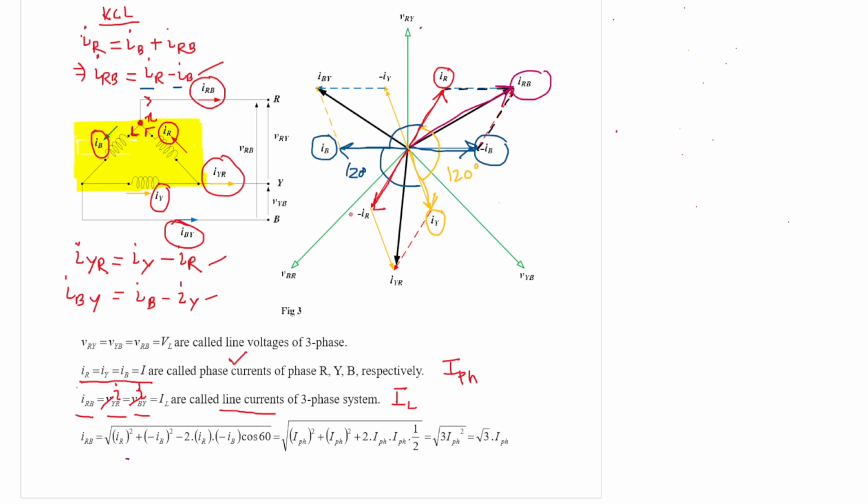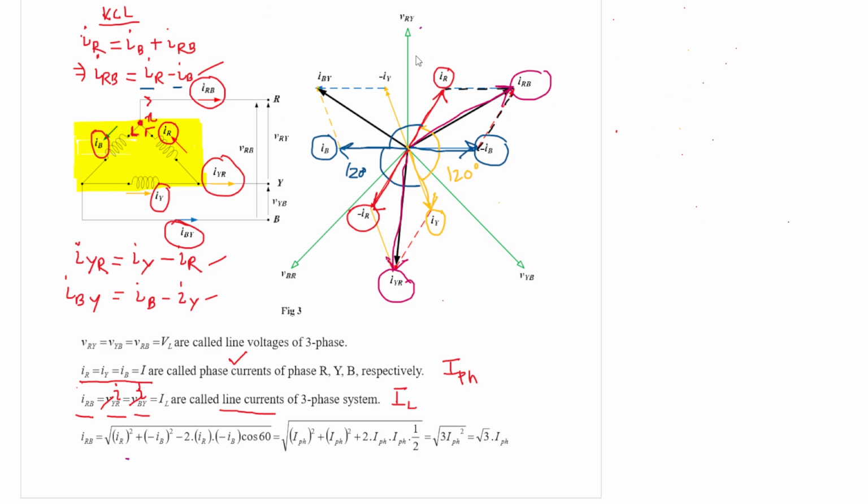So the phasor summation of IY and minus IR will be this phasor, which is equal to IYR.